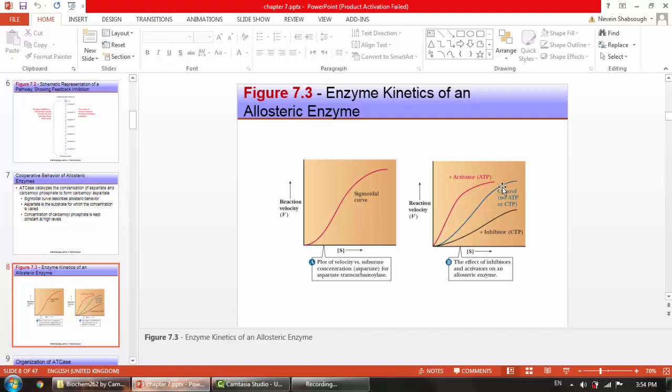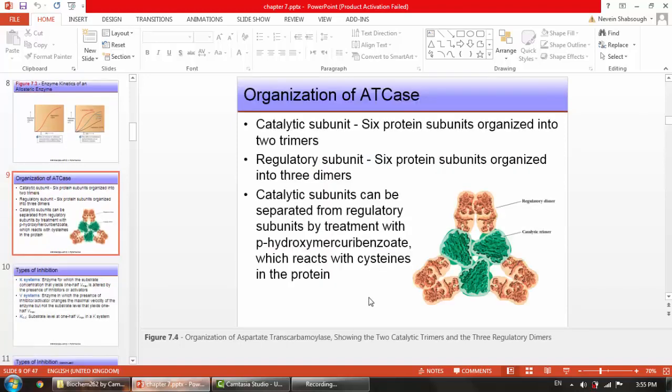Whereas when we add an activator called ATP, the curve shifts to a higher velocity at lower substrate concentration. So we can say that ATP is an allosteric activator and CTP is an allosteric inhibitor of the enzyme.